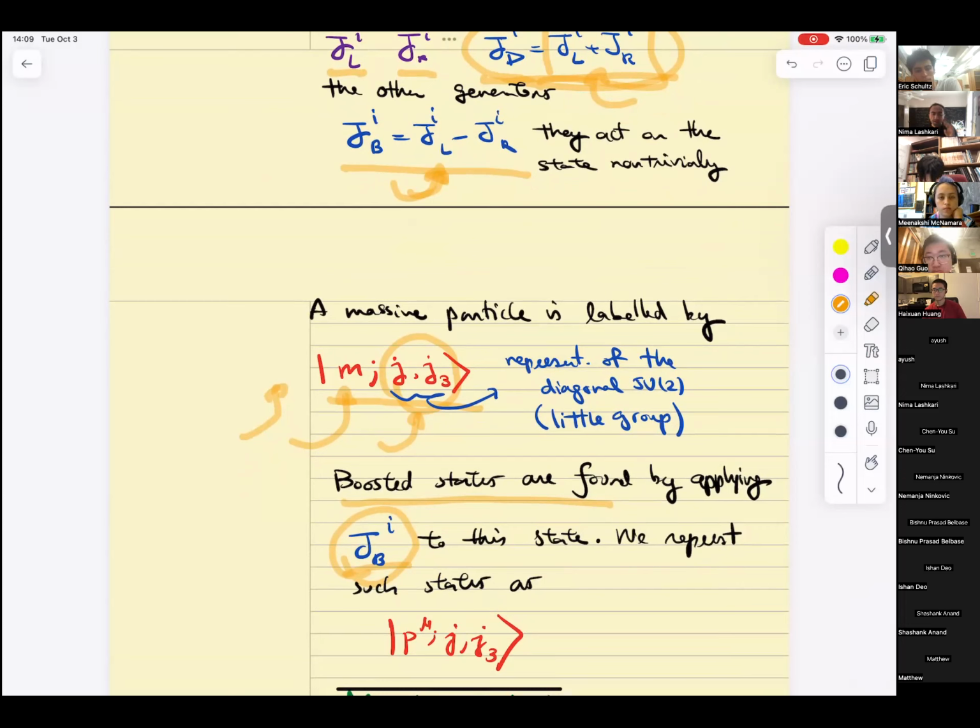In summary, we said that elementary particles are irreducible unitary representations of the Poincaré group. If you want to construct such representations, it's a two-step process. First, you look at wave functions. Your particle has a mass, so there's an on-shell condition, p^μ p_μ equal to m squared.